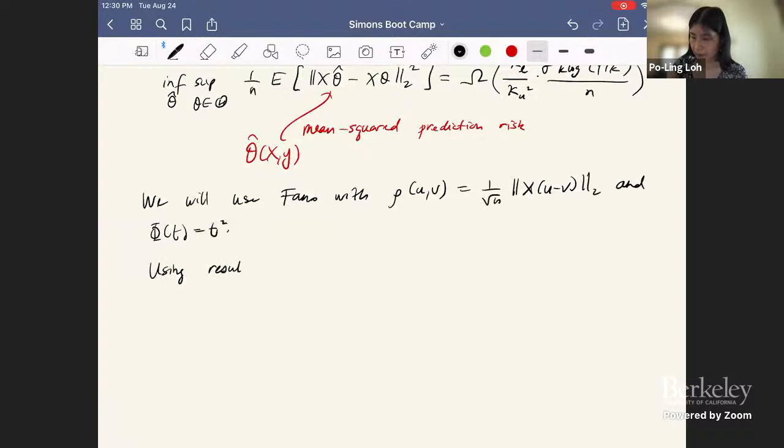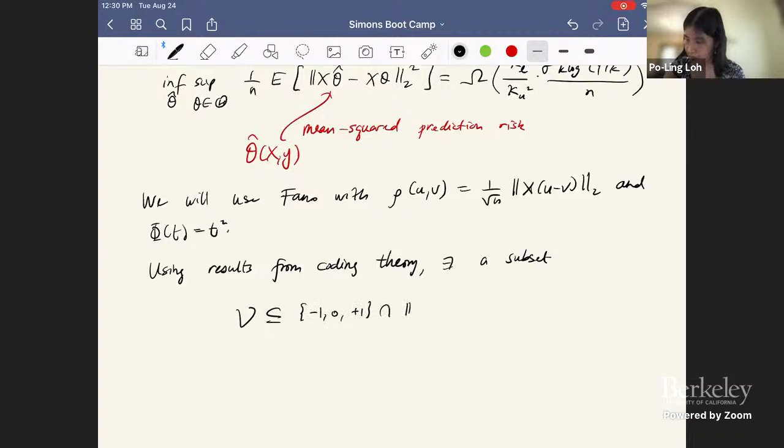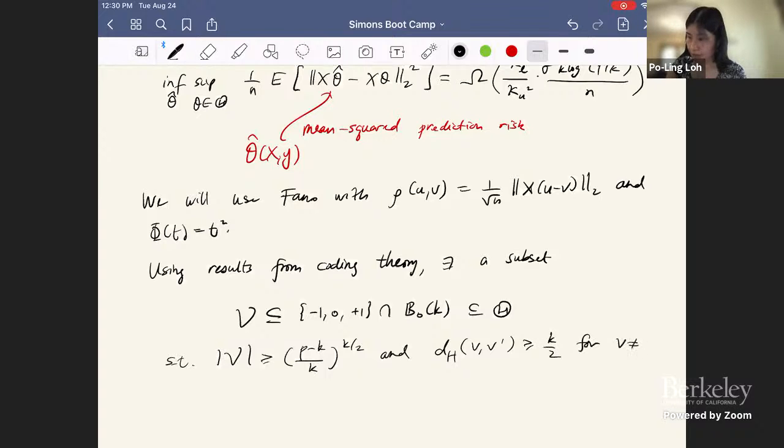Using results from coding theory, there exists a subset, script V, which is a subset of {-1, 0, +1} intersect B sub 0 of K, which is a subset of theta, such that the size of this set is at least (P minus K over K) to the K over 2. And the Hamming distance between any two vectors is at least K over 2 for V not equal to V prime.